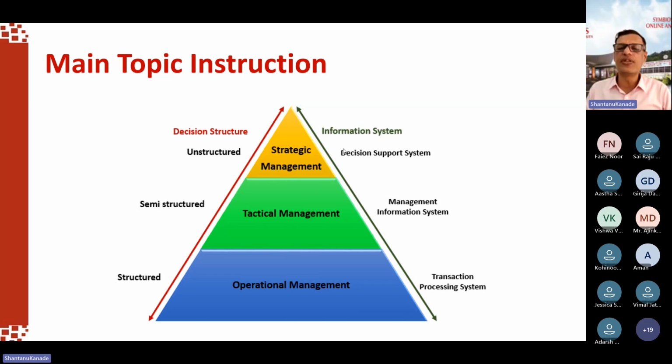This decision support system helps top level management in taking decisions. These are strategic decisions. Based on the strategic decisions taken, tactical decisions are designed and used at middle level, and at operational level, the actual implementation of those decisions is seen.